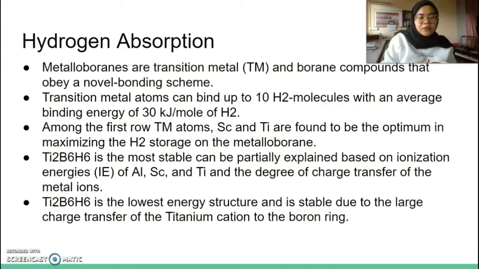Titanium is the lowest energy structure and is stable due to the large charge transfer of titanium cation to the boron ring. Comparing aluminium, scandium and titanium, aluminium is the least stable.